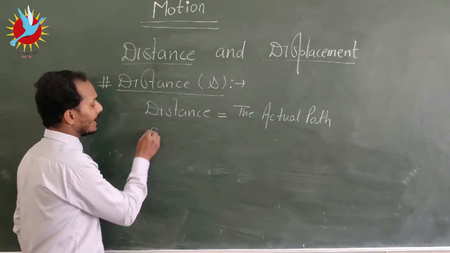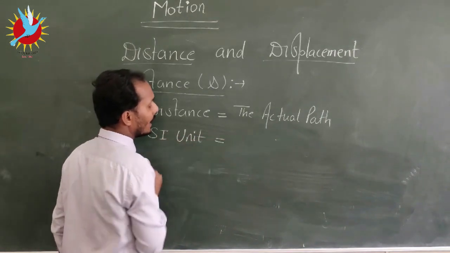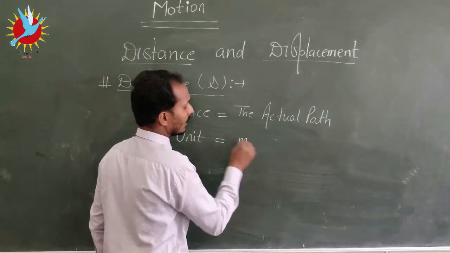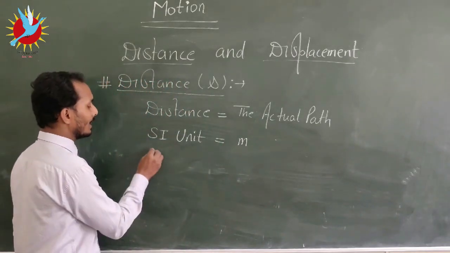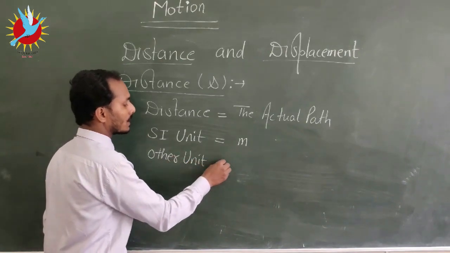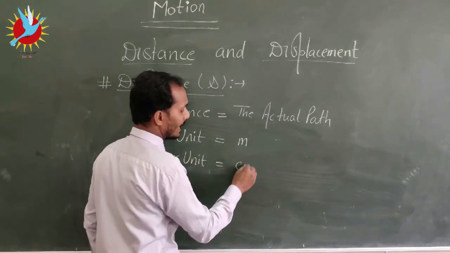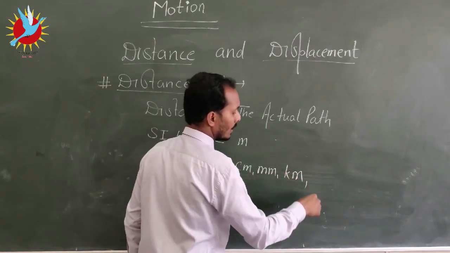Its SI unit is meter. Other units of distance are centimeter, millimeter, kilometer.